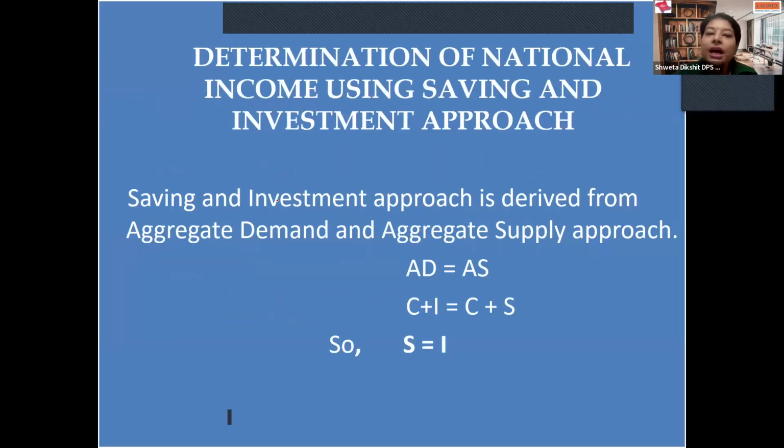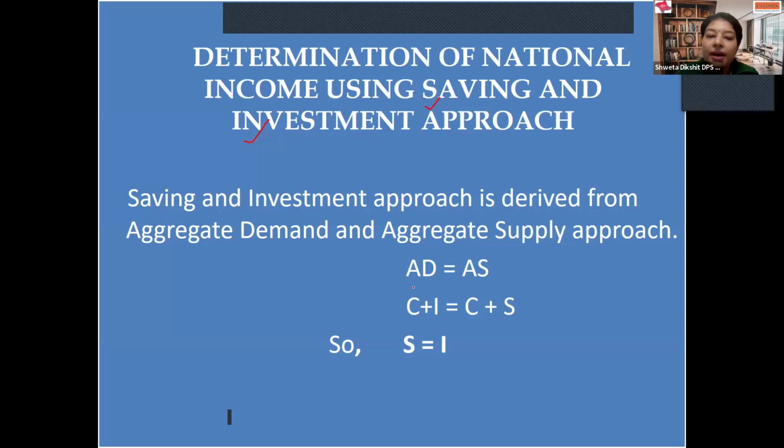Now coming to the other determination of national income with the help of the saving and investment approach. I repeat, saving and investment approach. The saving and investment approach is nothing very new. It is also derived from the aggregate demand and aggregate supply approach only. Where does it come from?